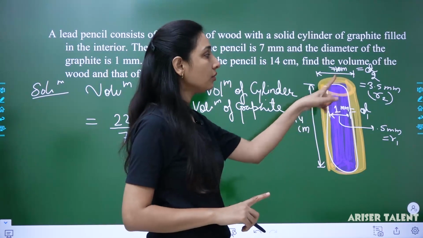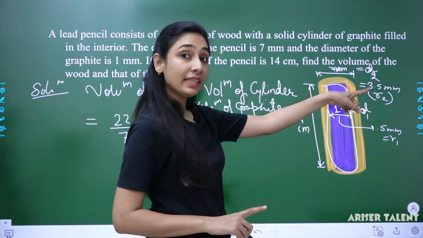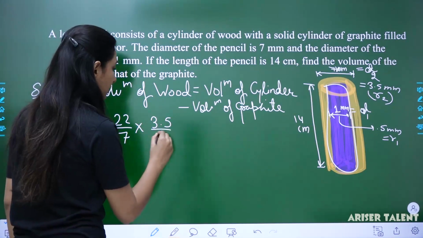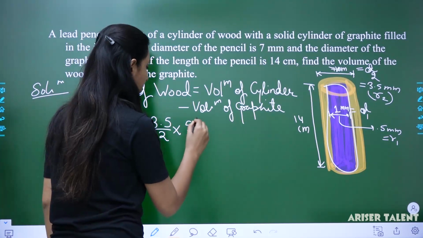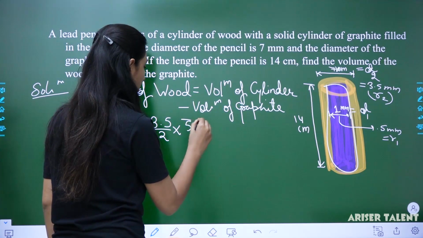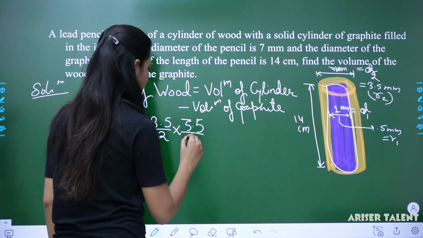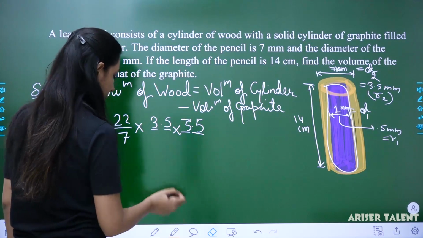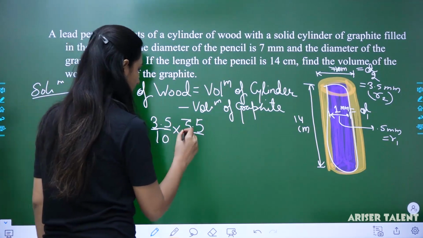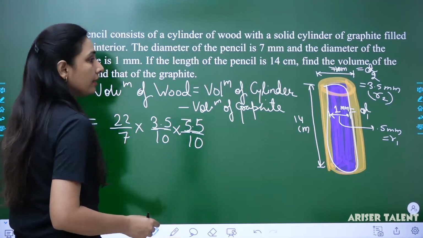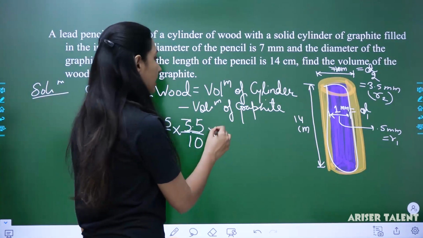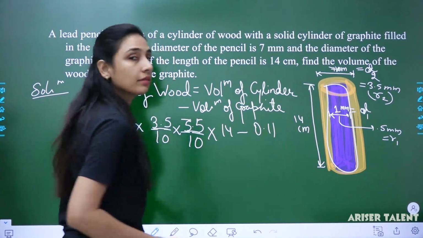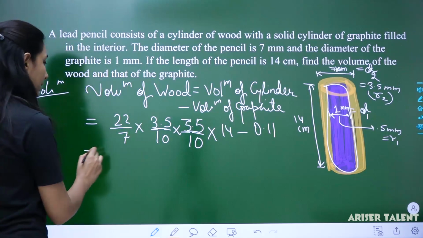So to convert it into centimeters, we have to divide it by 10 also. Not 2 but 10. Then pi r square h. H is 14 minus 0.11. In centimeters, you will be getting the answer.